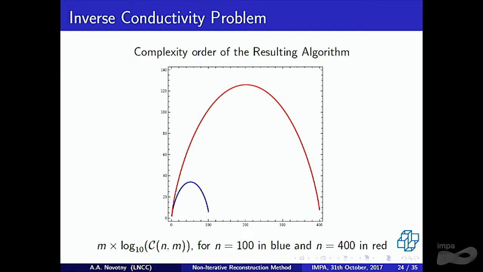However, if we take, for example, m equal to n over 2, we have this issue. I mean, the complexity blows up, it's infeasible. Okay? This is the weak point, the drawback of the method.